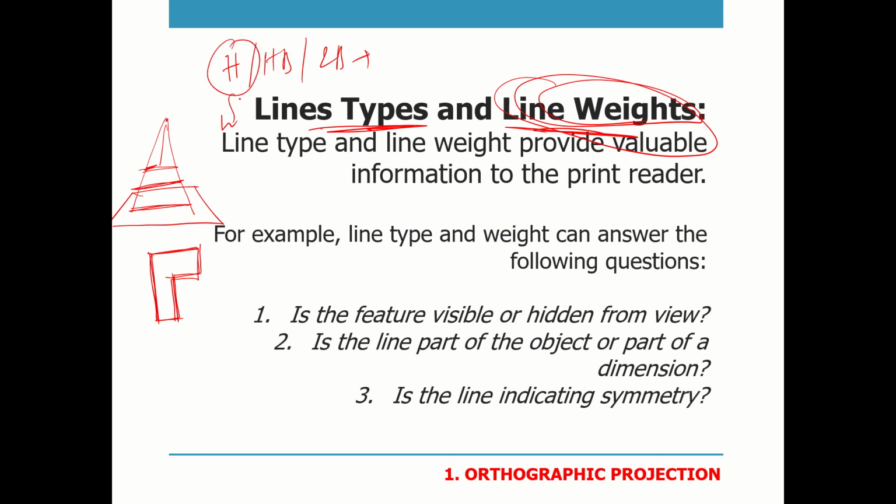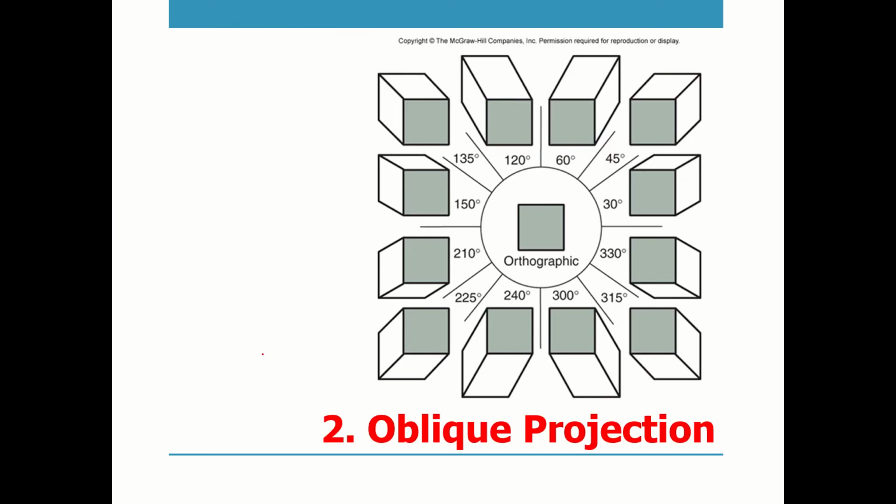These are used for object lines. Maybe these are used for lines closer to the viewer or section lines. All these things are also important in orthographic projections. Only then will we be able to make meaningful drawings. I think with that I'll stop.